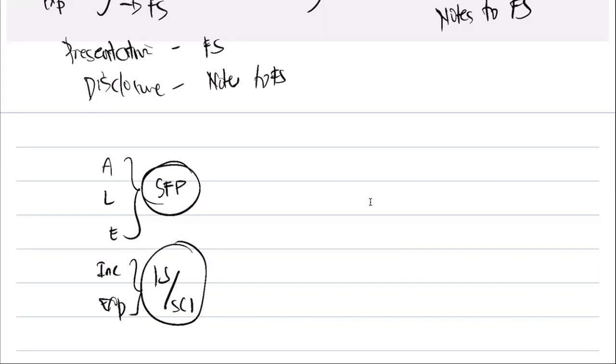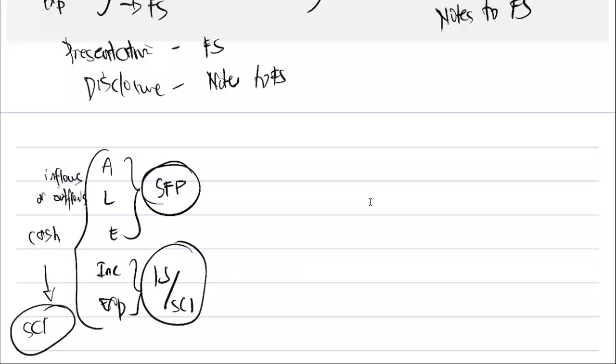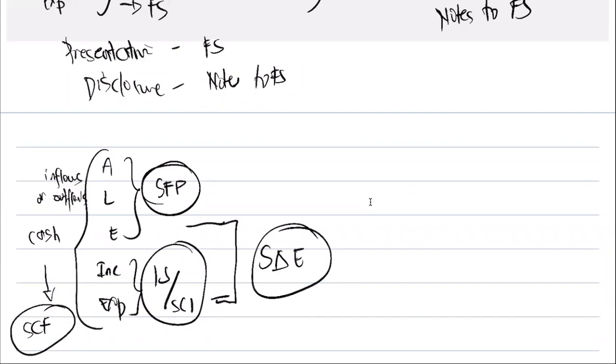Further, the inflows or outflows of cash due to these items are presented in your statement of cash flows. Next, we talk about your statement of changes in equity. These items on your equity and your items of income and expenses go to your statement of changes in equity. Take note, when we talk about equity, what are the items?